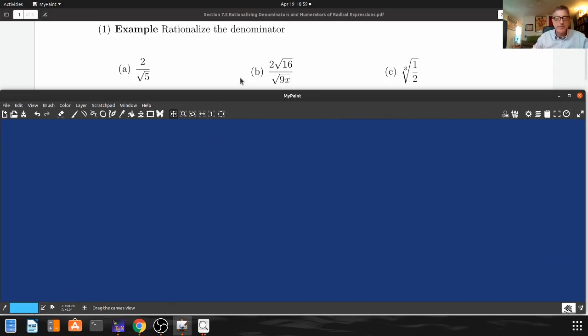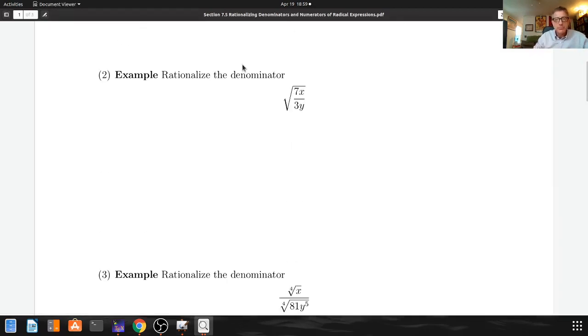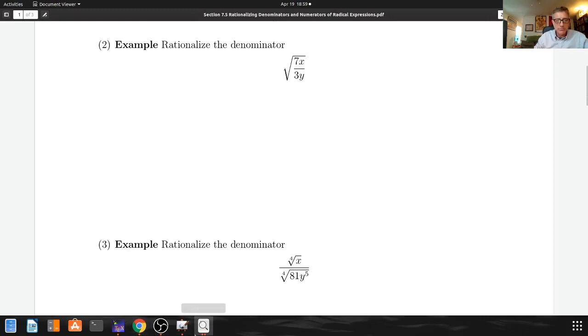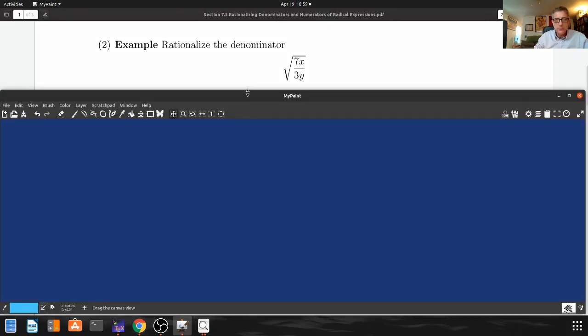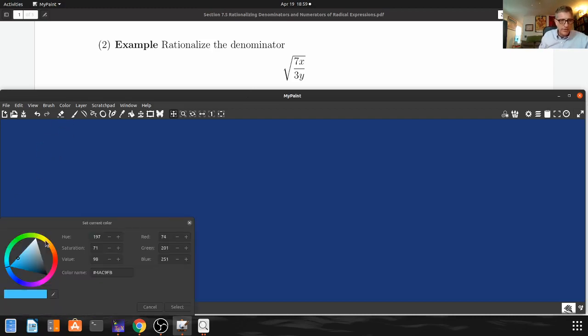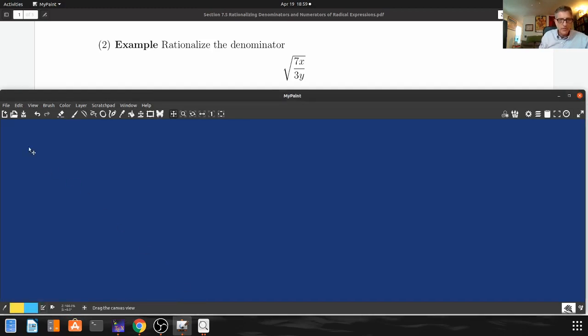Which is down below. So here, this is 2, just 2, not an A or a B. So this is example 2.